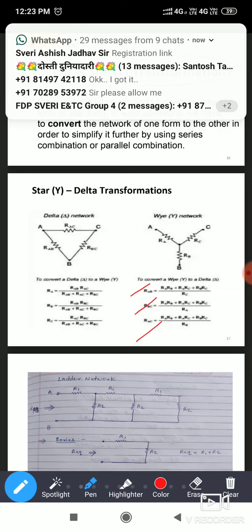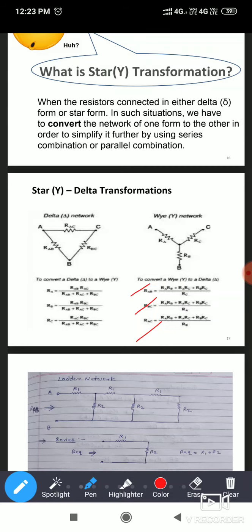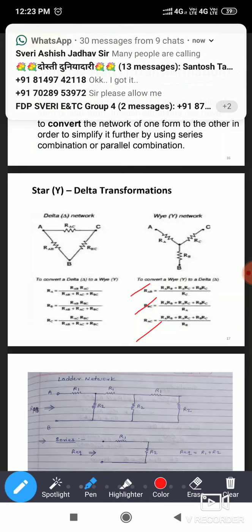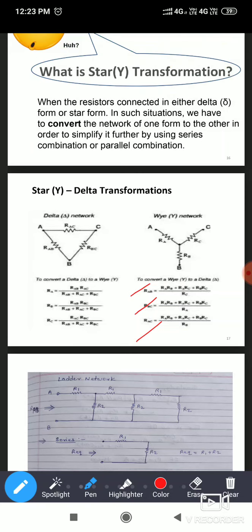The numerator is RA into RB plus RB into RC plus RC into RA, म्हणजे sum of products. So the sum of products you keep in the numerator as it is, only the denominator will change. So according to that, you have to use the formulas.